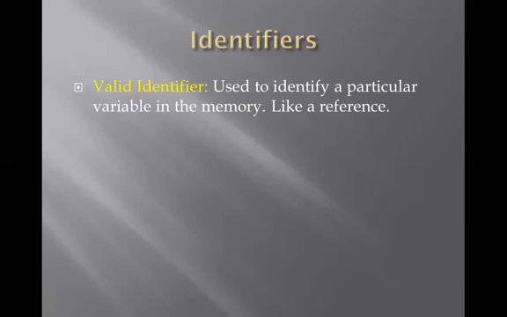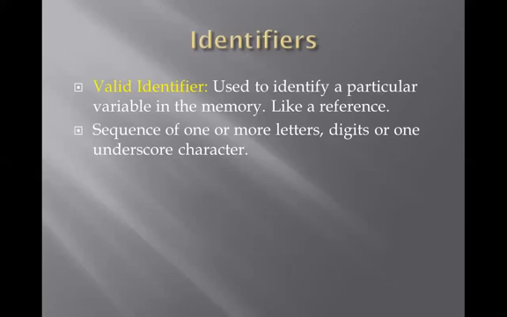Now let's talk about the identifiers. A valid identifier is used to identify a particular variable in memory. It's like a reference. A valid identifier helps you identify what variable is stored in the memory with the help of a sequence of characters. It's a sequence of one or more letters, digits, or underscore characters in C++, and it cannot start with a number.